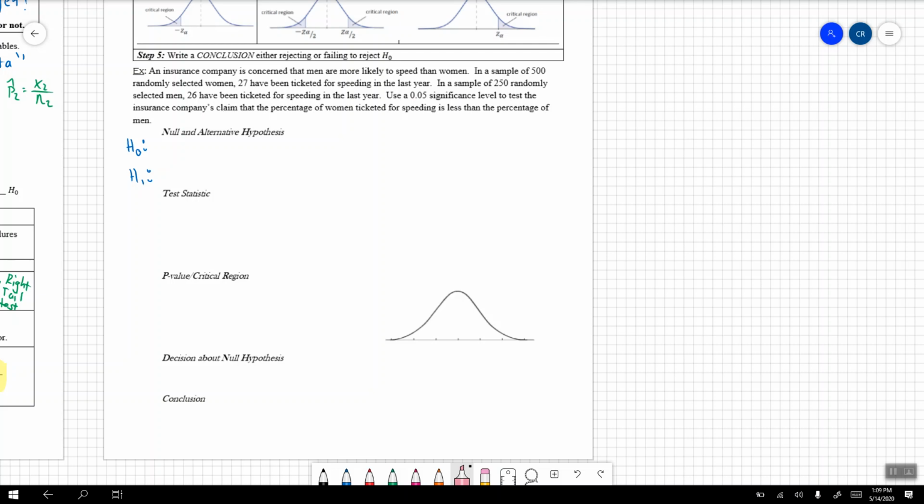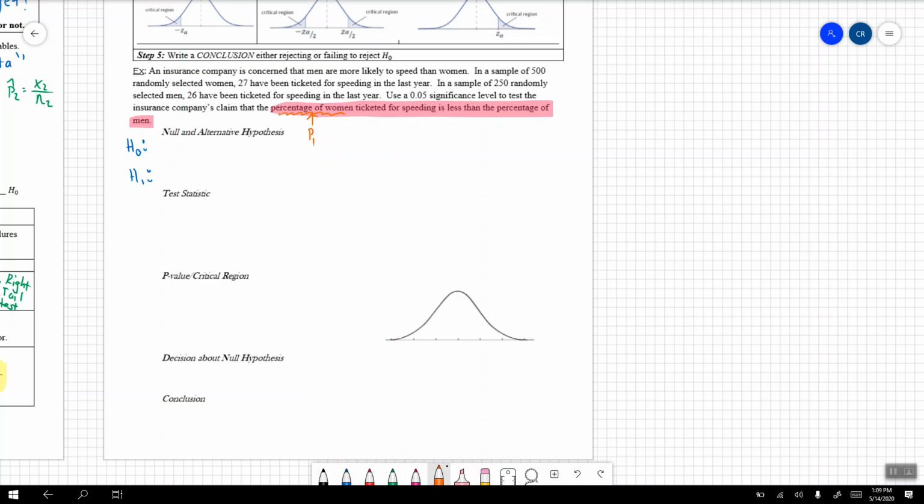Now, to test the insurance company's claim, here goes the claim. Here's the alternative hypothesis: the percentage of women ticketed for speeding is less than the percentage of men. There is my alternative hypothesis. So for the percentage of women, how about we label this P1.